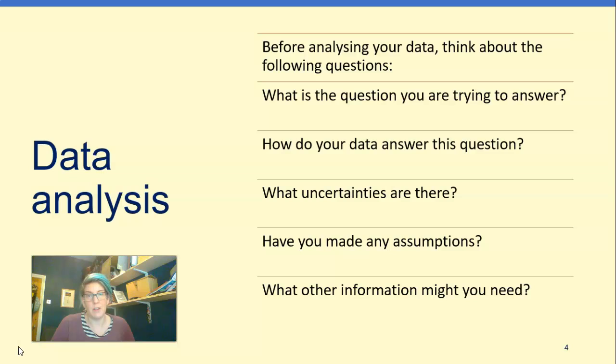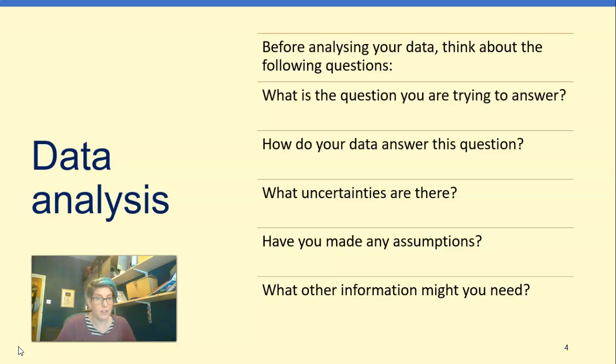Before deciding on your analysis strategy, it's important to think about the following questions. What is the question you're trying to answer? So that relates back to that idea of the research aims or the research objectives. What is it that this data that you have gathered is actually trying to do? How does the data answer the question?